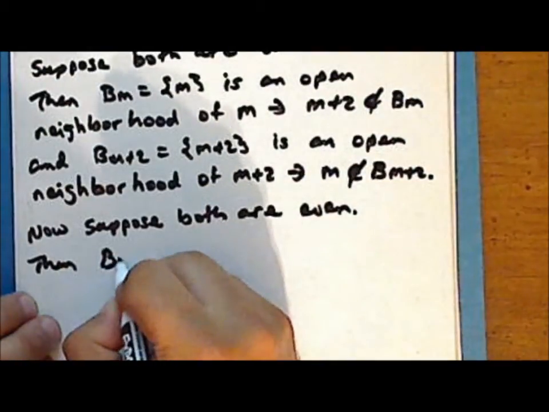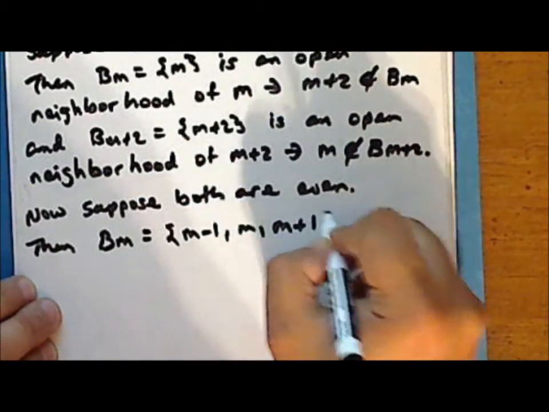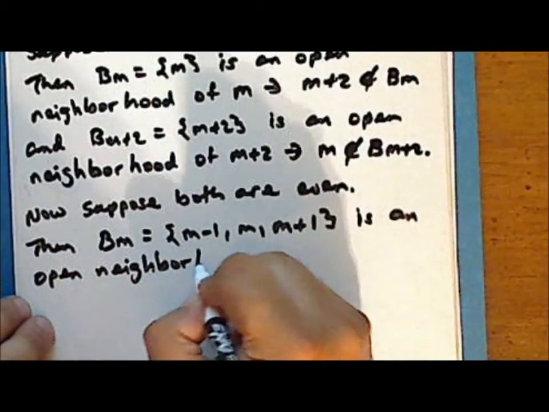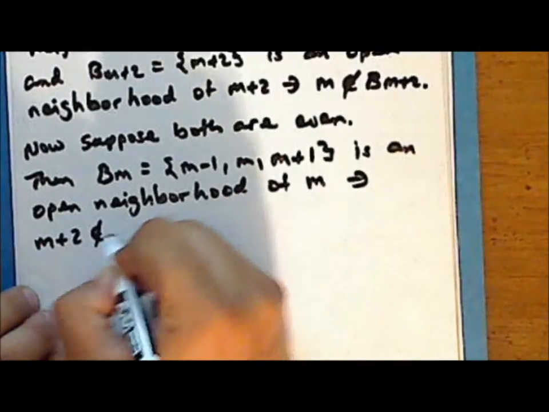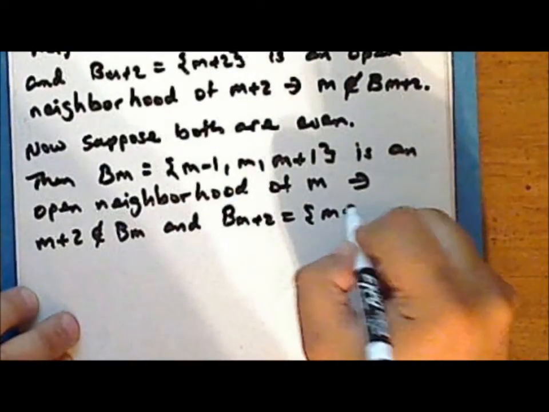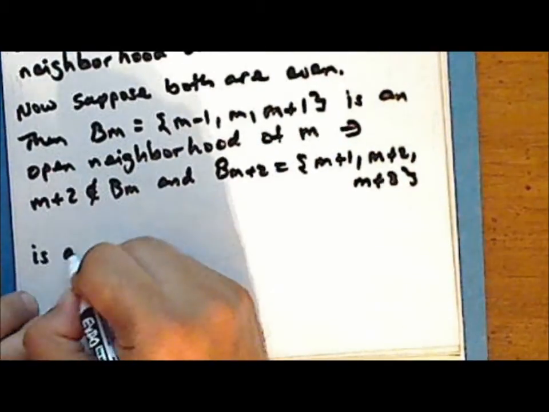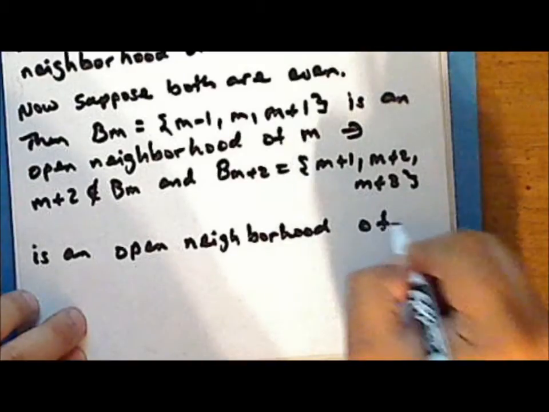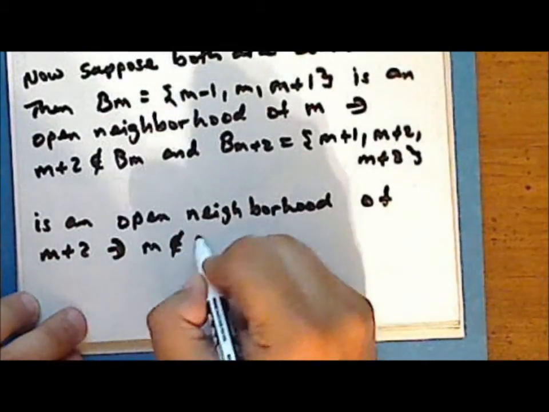Then the basis element b sub m, which is the 3-point set containing the integers m minus 1, m, and m plus 1, is an open neighborhood of the integer m, such that the integer m plus 2 is not in this neighborhood, and the basis element b sub m plus 2, which is the 3-point set m plus 1, m plus 2, and m plus 3, is an open neighborhood of the point or integer m plus 2 such that the integer m is not in this neighborhood.